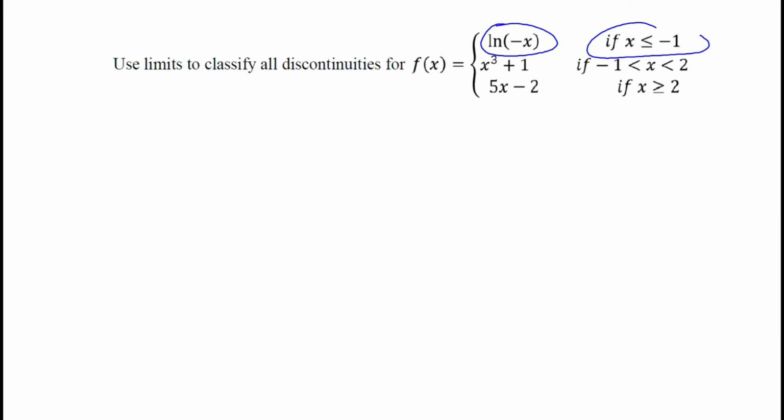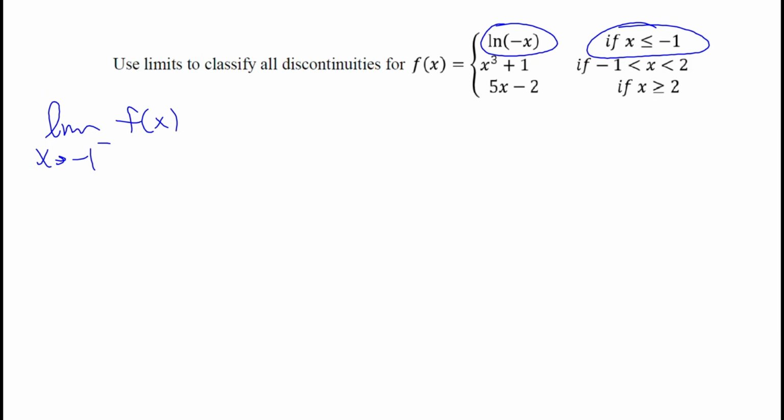Well, x is less than or equal to negative 1 isn't going to give me any extra discontinuities there, right? Because that would be continuous on negative infinity to 0, which negative infinity to negative 1 is part of that. So now we just need to do the limits as we approach negative 1 from the left and from the right, as well as for 2.